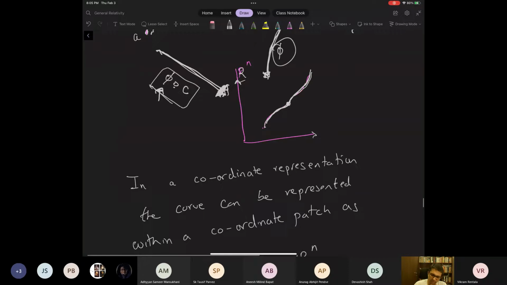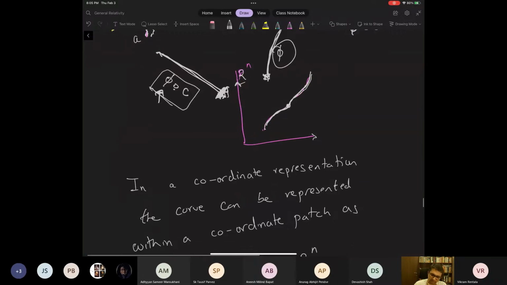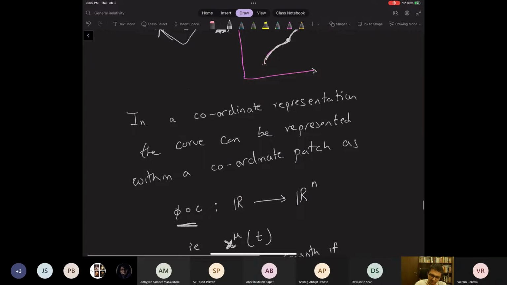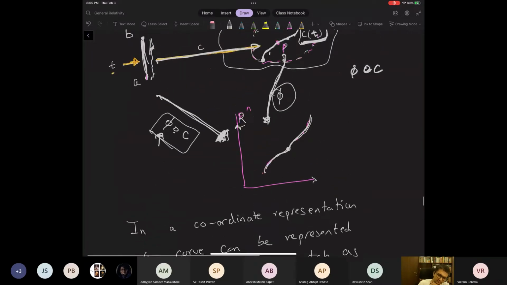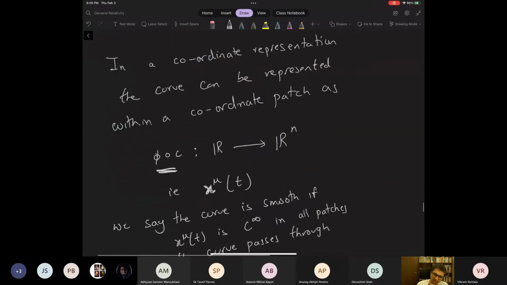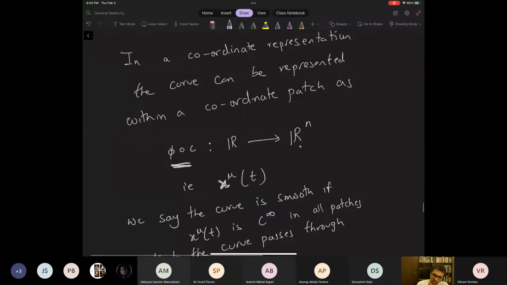So now in a coordinate representation, we can easily represent this curve within the coordinate patch as this phi circle c, because this phi circle c is a map from an open interval on real numbers to some open subset of Rn. In the coordinate representation, it's very simple. You're writing functions x mu of t.